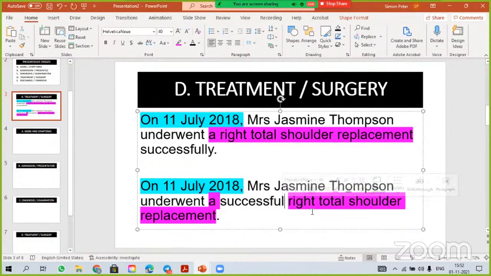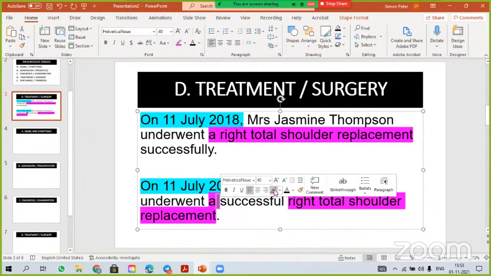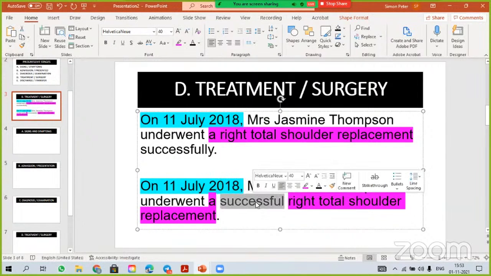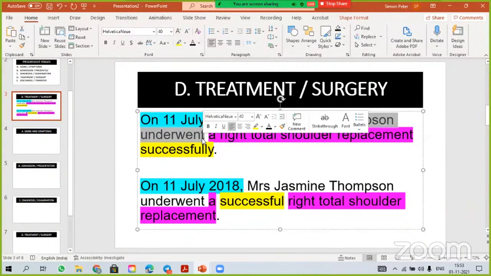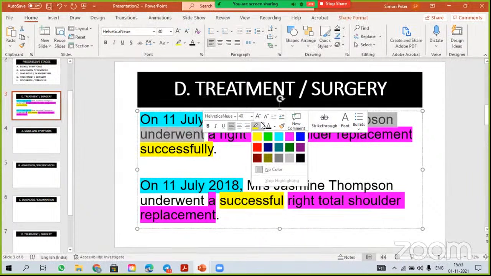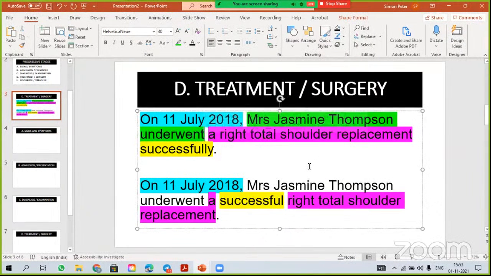Now you can understand what is in between: successful has come in between. This successful is here and here it is successfully. That's the only difference. And subject and verb go together. Mrs. Jasmine Thompson underwent, no change in this one. This is the main part.